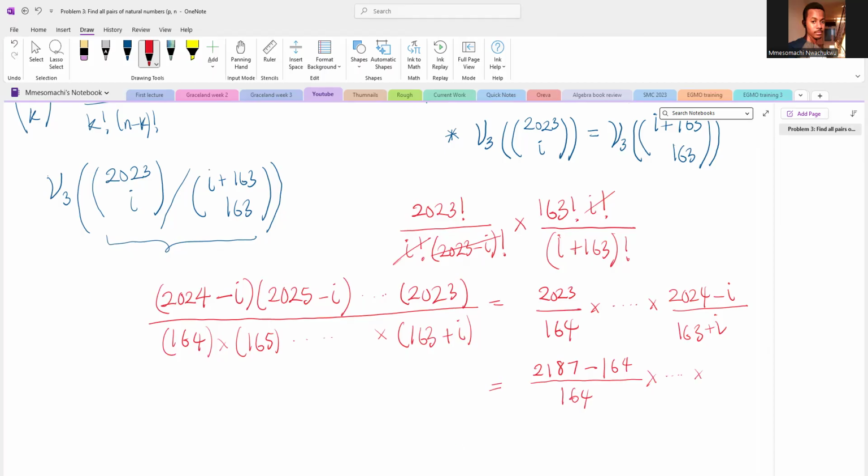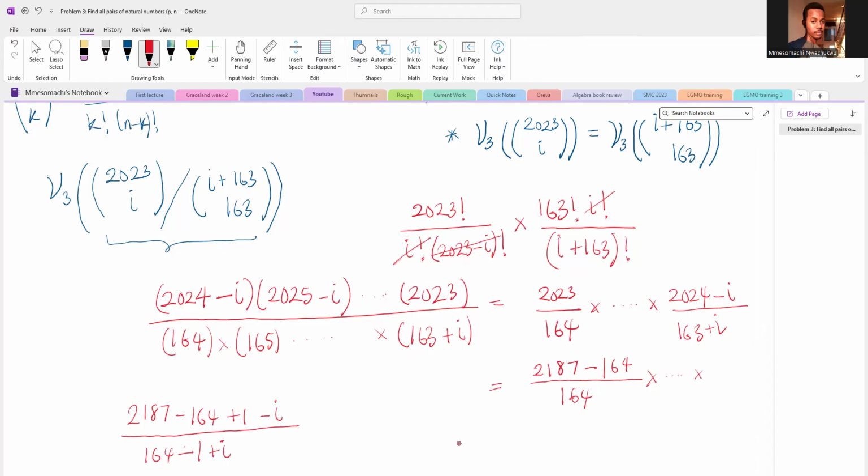And we can do the same thing. So 2024 minus I, that's going to be 2187 minus 164, so plus 1 minus I, divided by 164 minus 1 plus I.